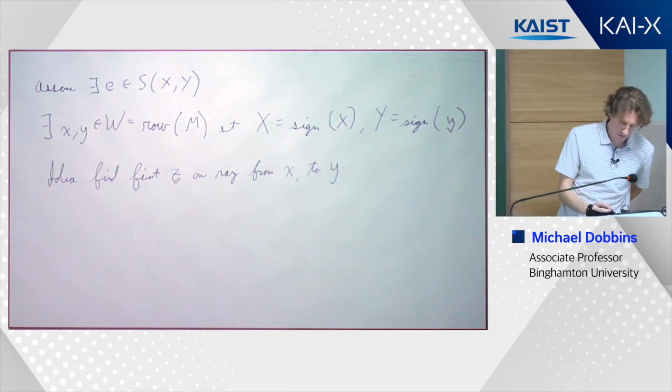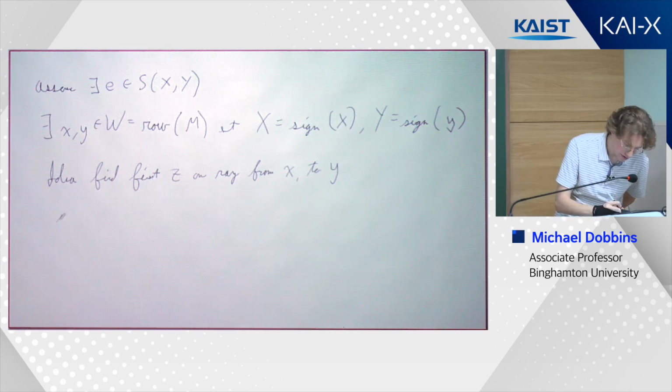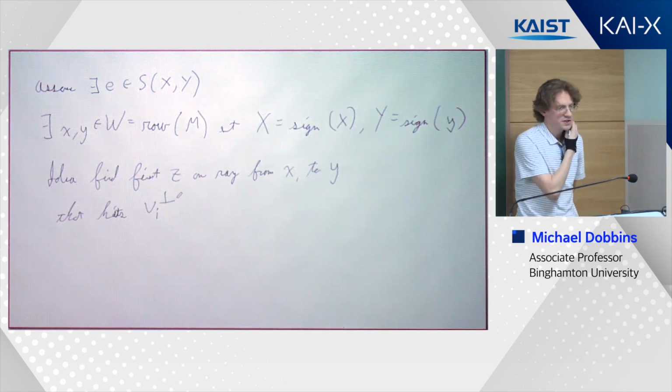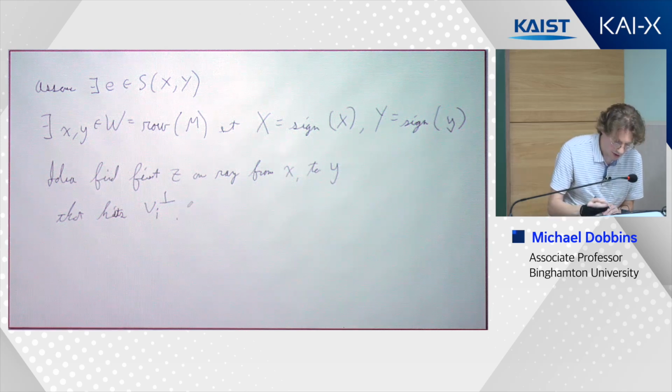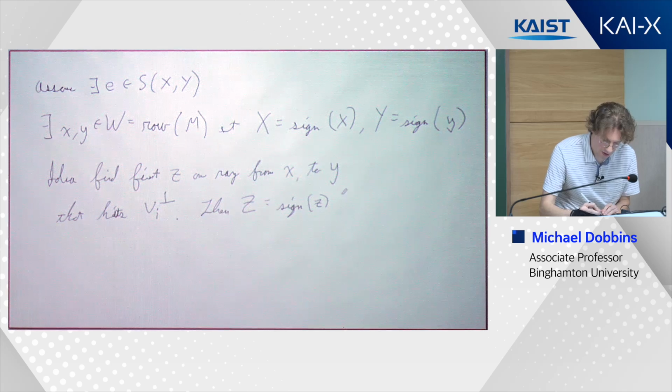So we want to find the first z on the ray from x to y that hits some orthogonal complement of some vi. And then we have our sign vectors, and this will be less than x. So x is not minimal.